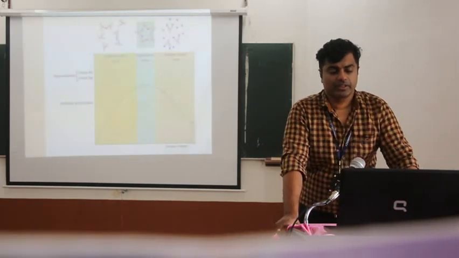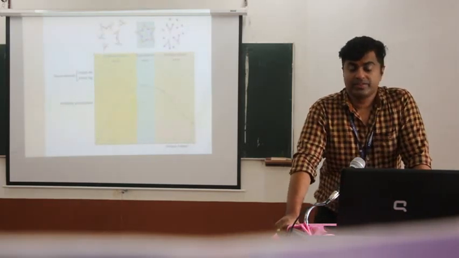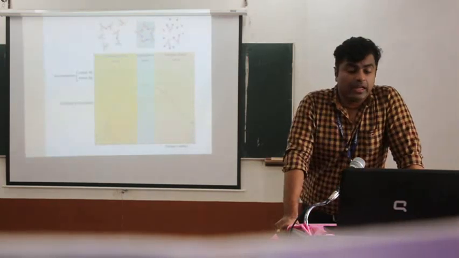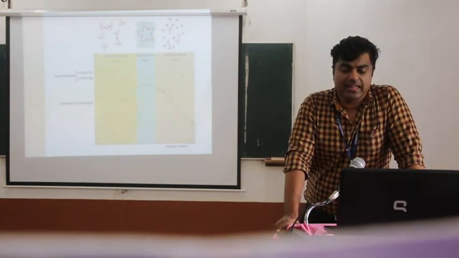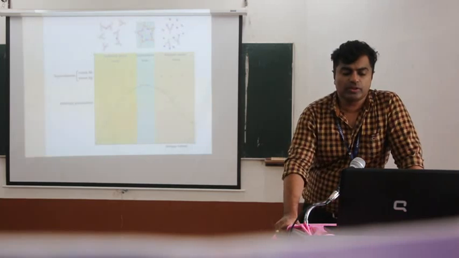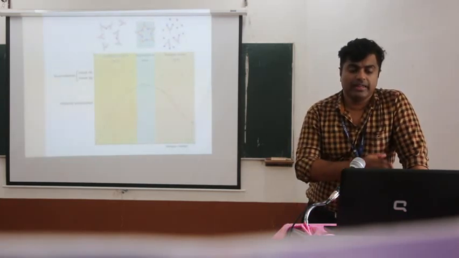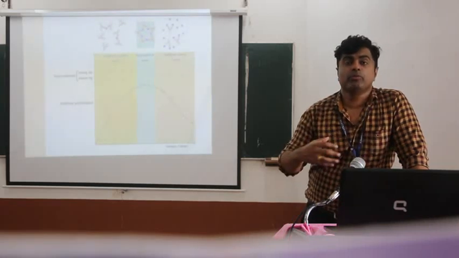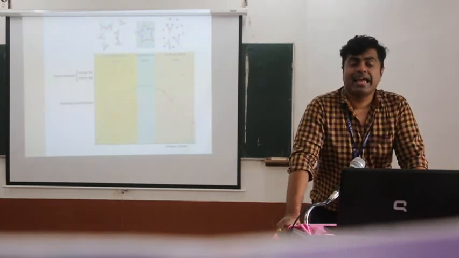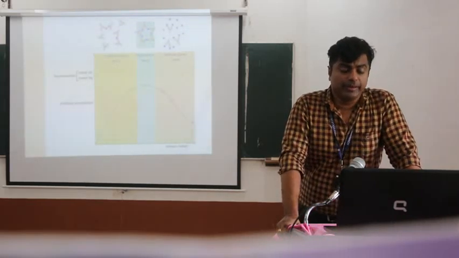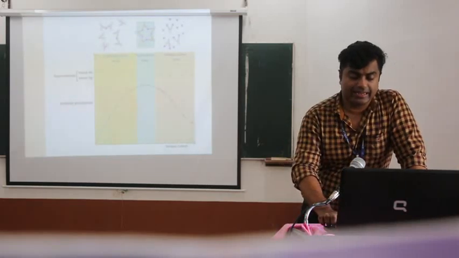In the precipitation curve, we can see there is an antibody excess zone, the equivalence zone, as well as the antigen excess zone. In the equivalence zone, the concentration of antibody and antigen will be equal. In the antibody excess zone, there will be more concentration of antibody, and in the antigen excess zone, there will be more concentration of the antigen.